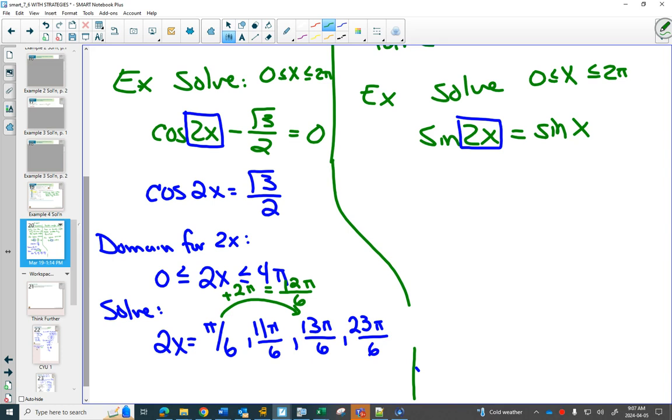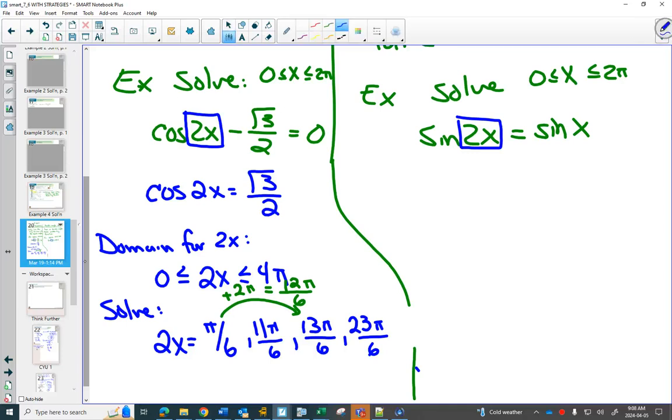So notice from pi over 6 to 13 pi over 6, I just added 12. And from 11 to 23, I just added 12. Because I'm adding 2 pi to get the coterminal spot, but I need a common denominator. So 2 pi becomes 12 pi over 6. And then those second time around become easy.